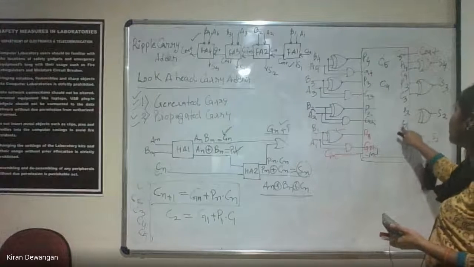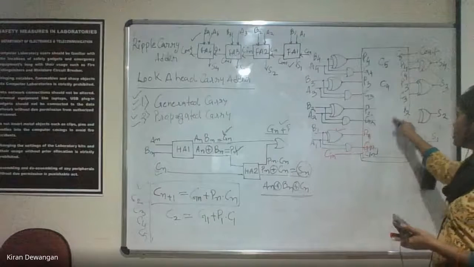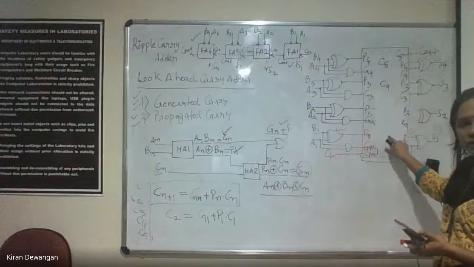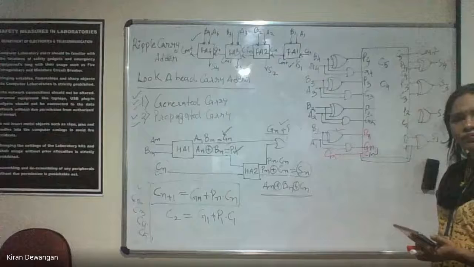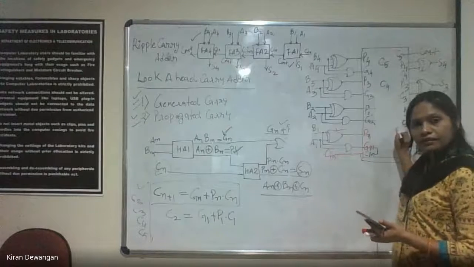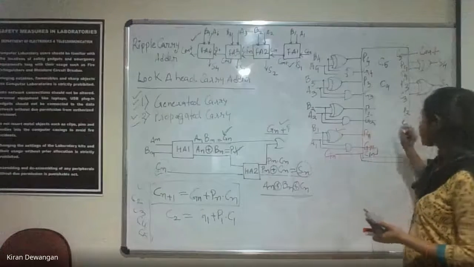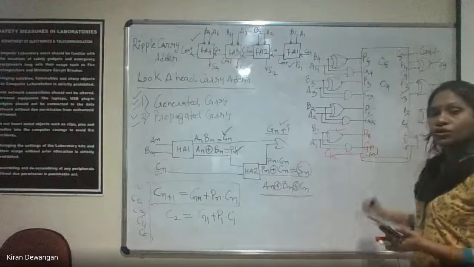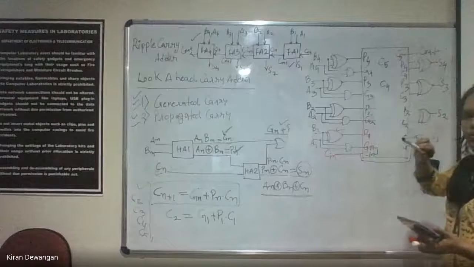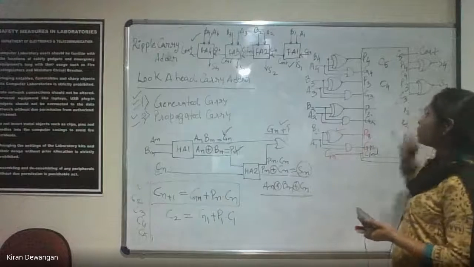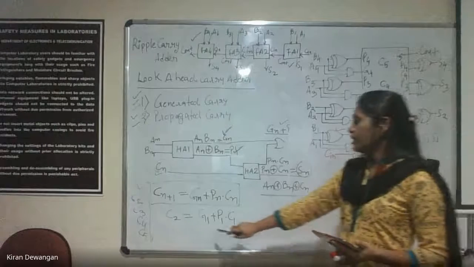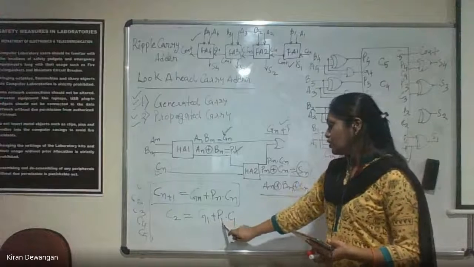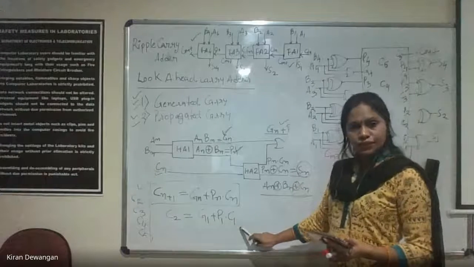Similarly P2 XOR C2. C2 आपका कैलकुलेट हो जाएगा यहाँ से with the help of P1, G1 and C1. C2 will be calculated internally. So P2 XOR C2 will generate S2. Similarly, C3 will be calculated. For C3 calculation, we need G2, P2 and C2.